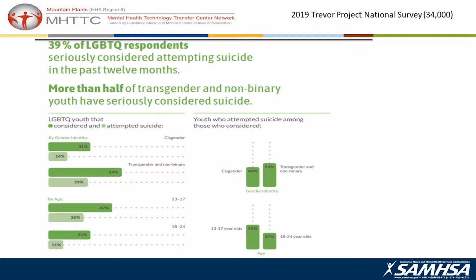So this looked at younger individuals in general, and high risk across the board, but much higher risk of both attempts or suicidal ideation and attempts among those transgendered and non-binary. So we know that individuals within these groups have significantly higher risk. And so we can not only be aware of that, but we can assist, we can advocate, et cetera.